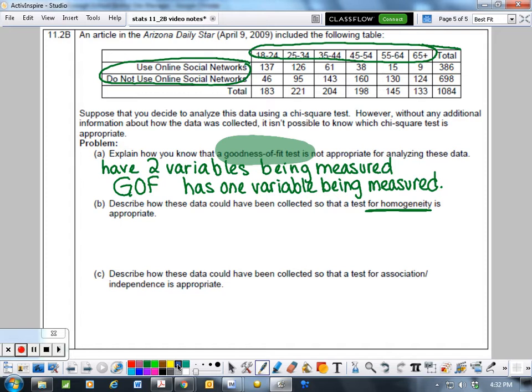Well, we would usually think that age would explain whether or not they use social networks. So we would want to make 6 random samples, where each sample was an age group.